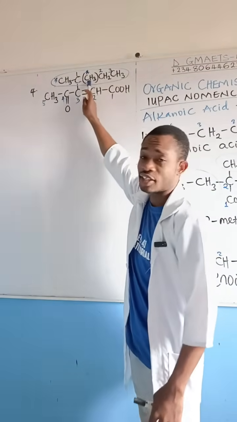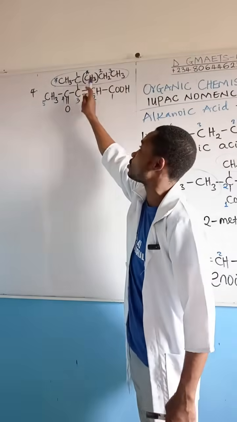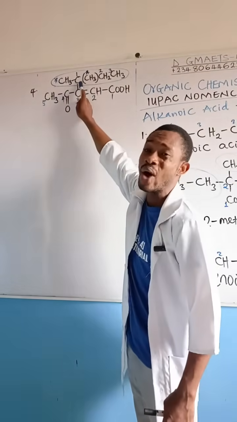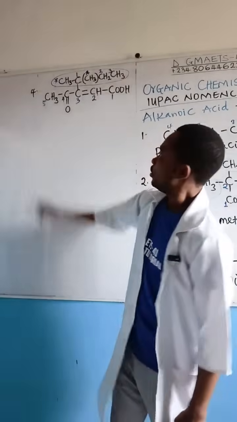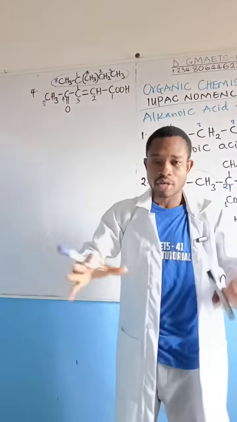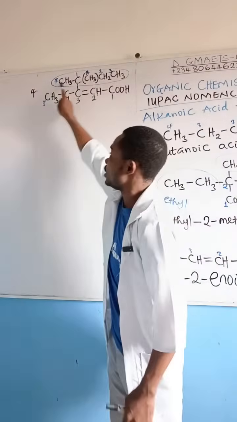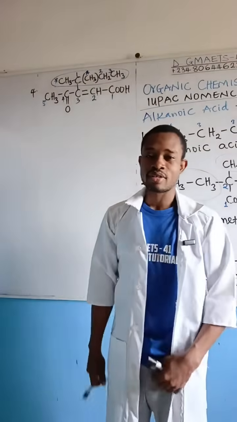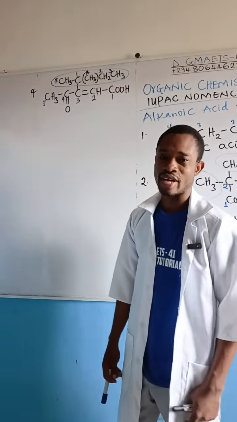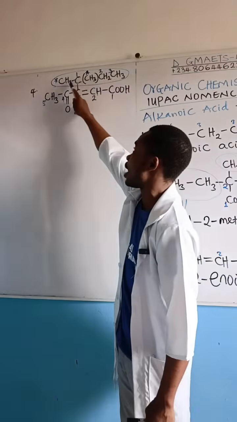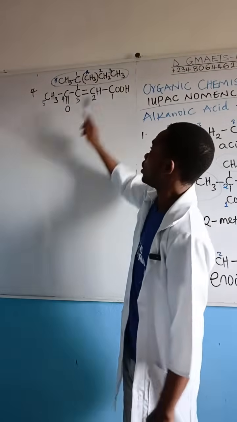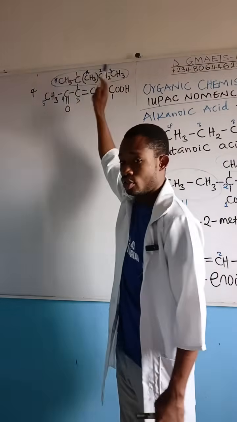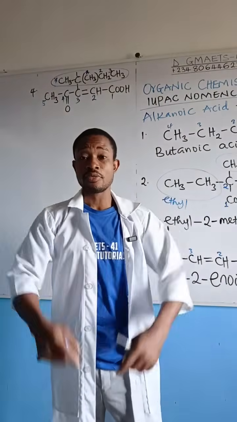This is a methyl attachment. Both of the methyl attachments are found on carbon number 1 of our main substituent. 1, 2, 3 is the main substituent. These and these are sub-attachments, substituent on substituent, attachment on an attachment, and they are found on carbon number 1 of that side chain. If you want to give the name of this side chain, you have to put it in parentheses. That is the rule.